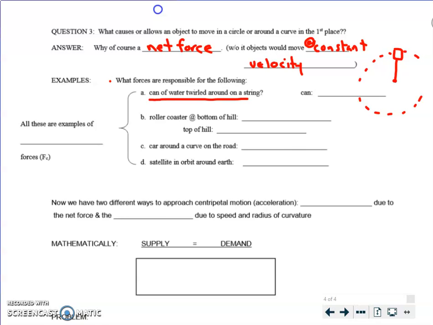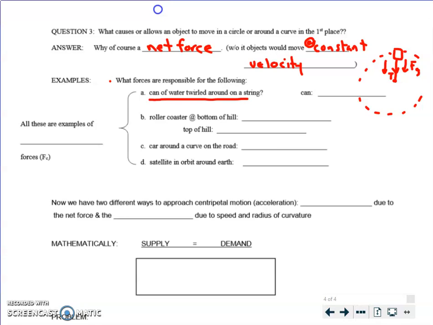If the can is moving in a circle, there's got to be something forcing it to continually change direction, if not its speed. So we know it's accelerating inward because that's what we learned about centripetal acceleration. Let's say we're at the top. Something's got to be forcing it inward. So what would the force be? Well, there are actually two forces forcing it inward: gravity, and the tension in the string because of my hand pulling it inward.